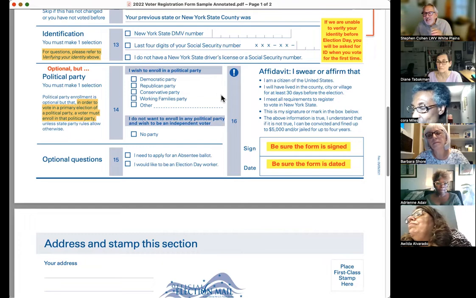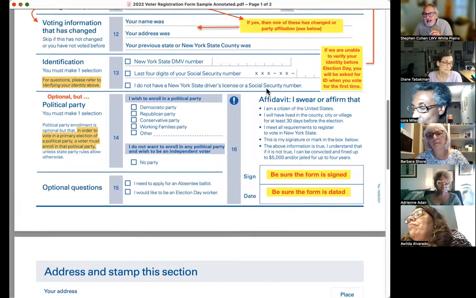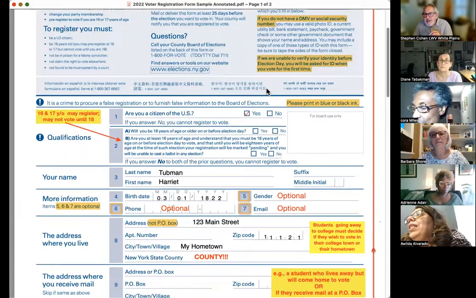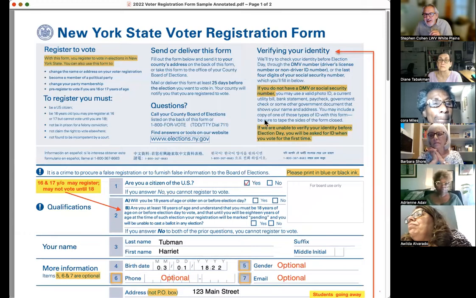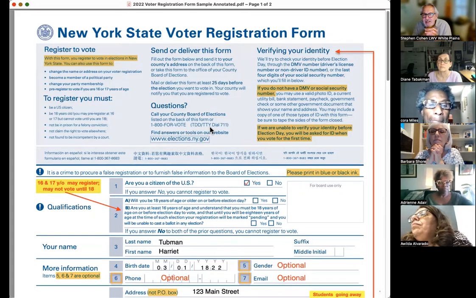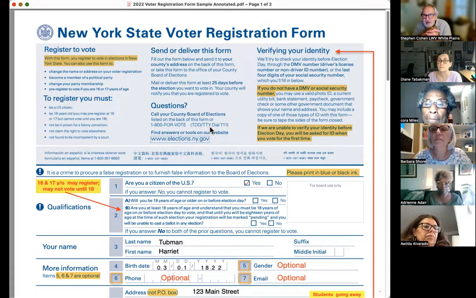The Board of Elections, and I'm going to go back up to the top of this form, because the information about how this is handled is in this section here. And it says, we'll try to check your identity before Election Day through the DMV driver's license number or non-driver ID number, or the last 4 digits of your social security number, which you'll fill in below.